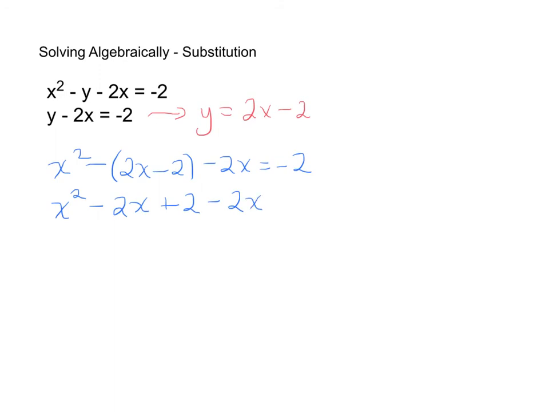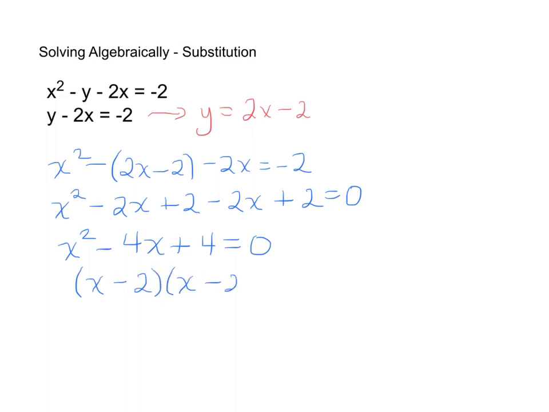And I'm going to move that negative 2 over to make that also plus 2 equals 0. Because this is quadratic, I want it to equal 0 to be able to solve it. So when I combine all the terms, I get x squared minus 4x plus 4 equals 0. And then I can factor. X minus 2 and x minus 2.